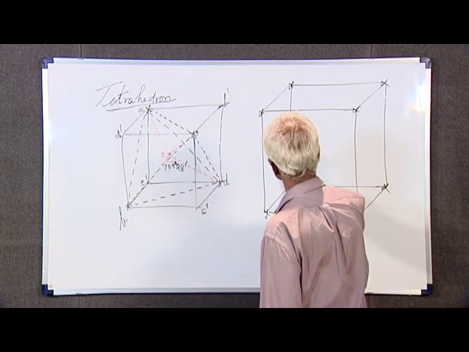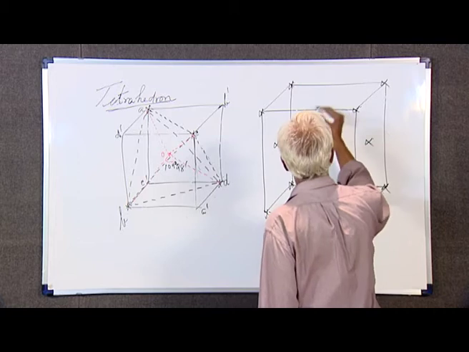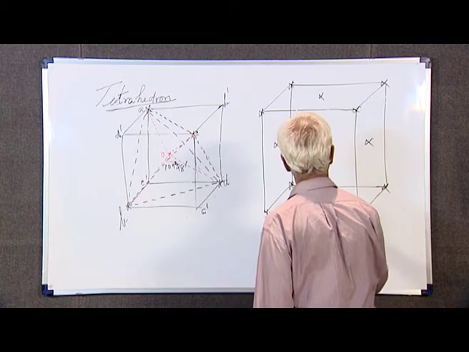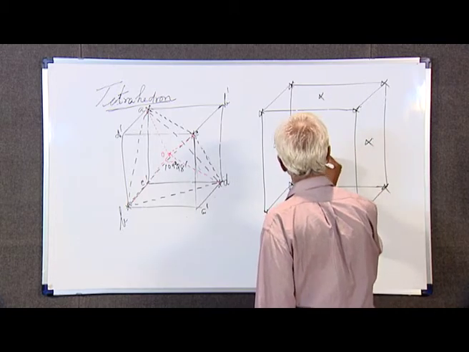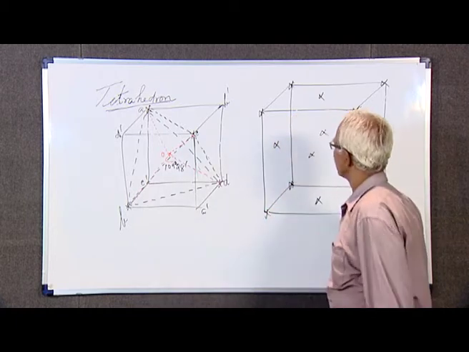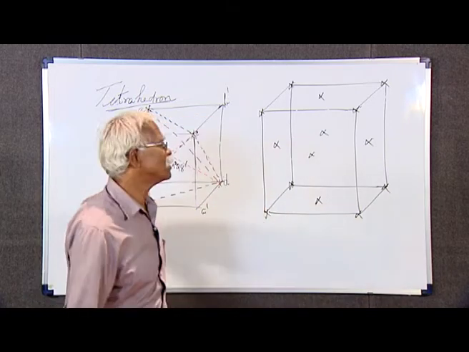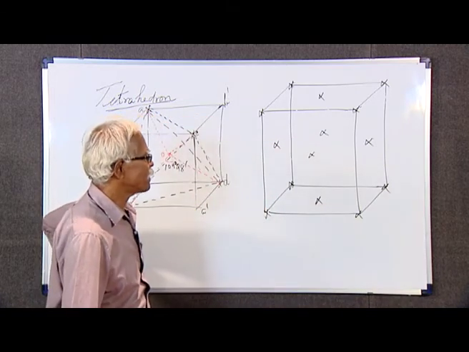There are 6 face centers: left face, right face, top face, bottom face, front face, face behind. These crosses are all face centers of the 6 faces.